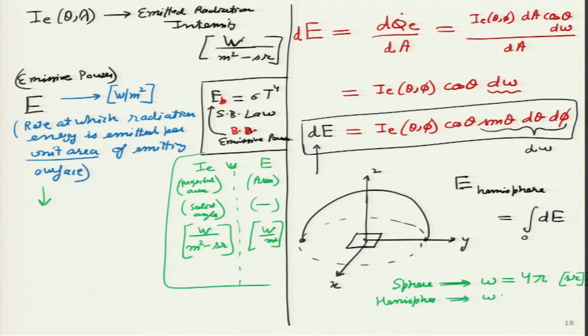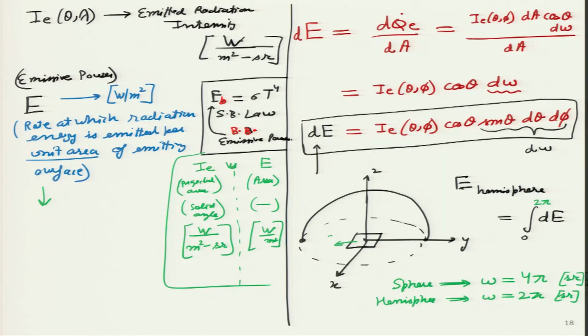Omega will be 2 pi steradian, which means over here my limit will be 2 pi. Is this point clear? I am trying to calculate the emissive power in the whole hemisphere from that particular small surface over here. The surface is dA and its temperature is known to me as T. Only then it is emitting.